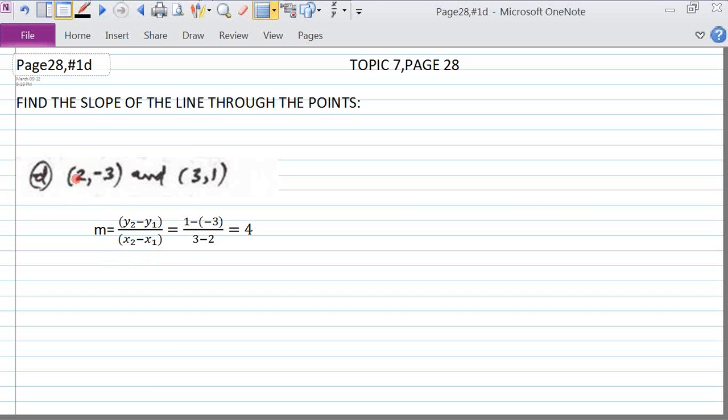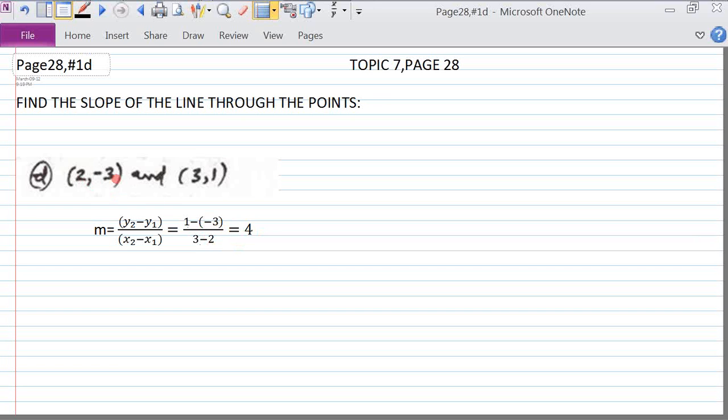So we call this x1, y1, and this x2, y2, then 1 minus minus 3 is the difference in our y's over 3 minus 2, the difference in our x's. So 1 minus minus 3 gives us 4. 3 minus 2 gives us 1. 4 over 1 gives us 4.